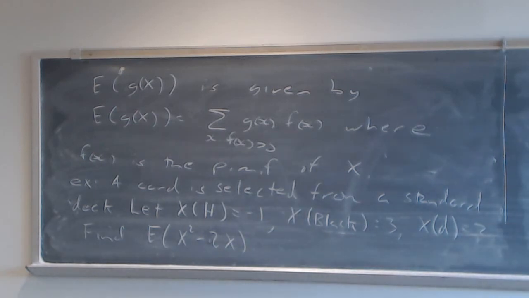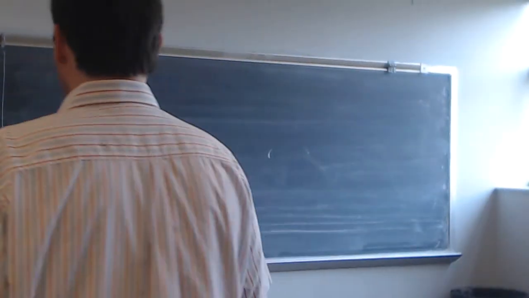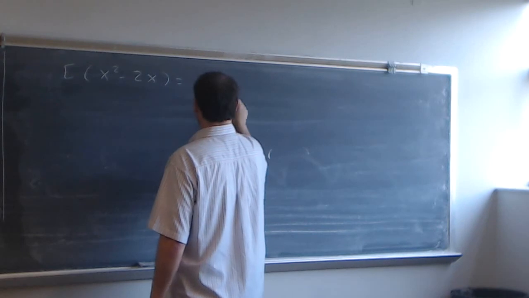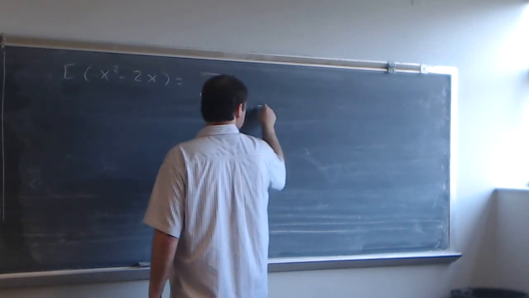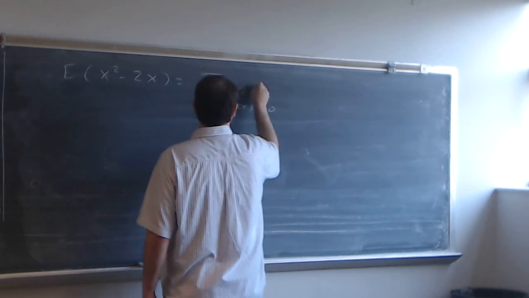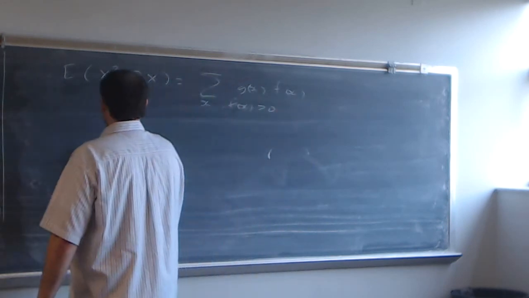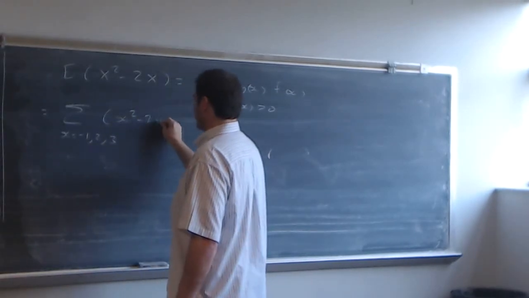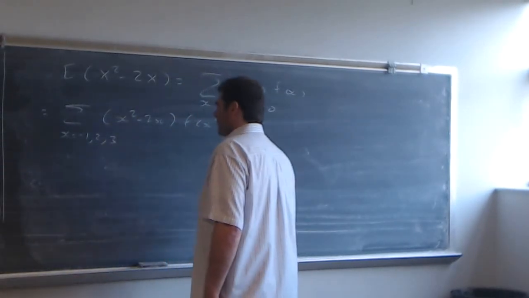So we just use the formula that's listed at the top of that board there. The expected value of X squared minus 2X is equal to the sum over the x such that f of x is greater than 0 of g of x times f of x. That is the sum as x is equal to -1, 2, or 3 of x squared minus 2x times f of x. Let's see what that is.